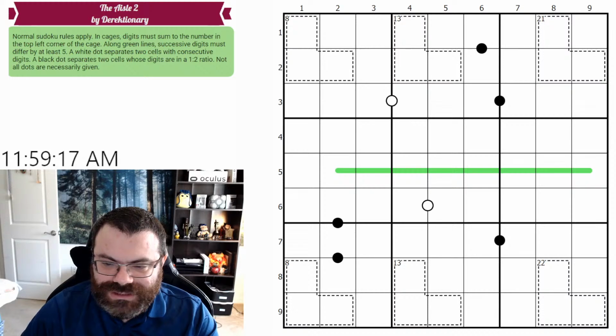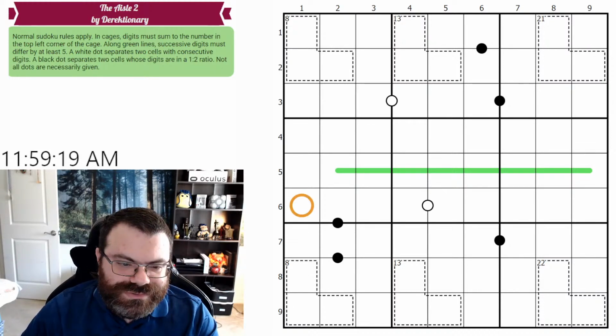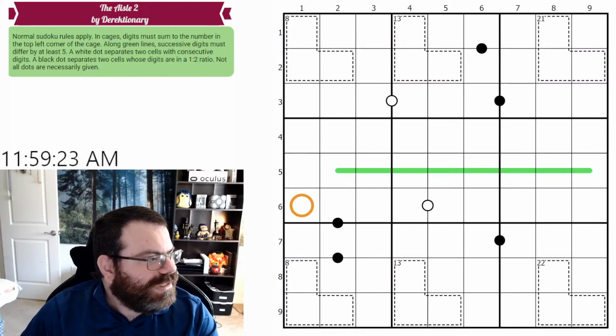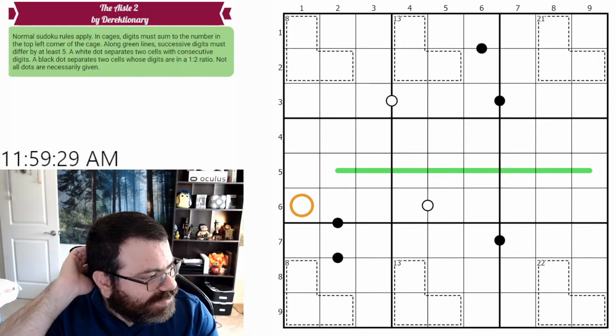All right, third puzzle of the day, row 6, column 1 here. Derek requested specifically this day because it's Derek's anniversary today.